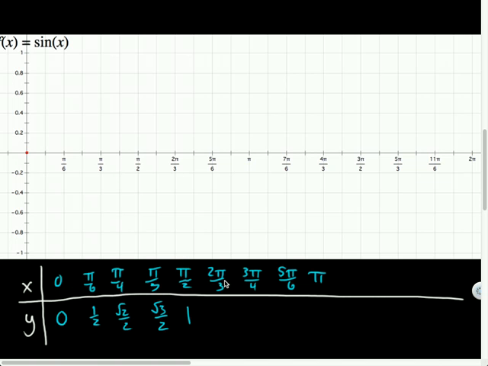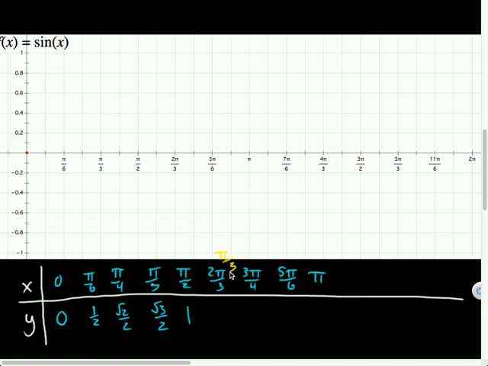Sine of 2 pi over 3, that's in quadrant 2. Sine is still positive in quadrant 2. And what is the reference angle of 2 pi over 3? Well, it'd be 180 minus that, or pi minus that, or 3 pi over 3 minus that. So the reference angle is pi over 3, I believe.